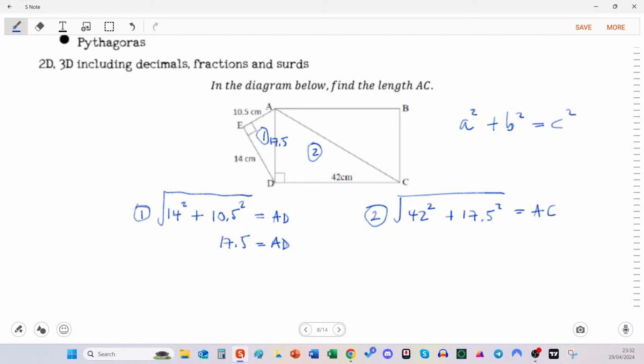So let's go ahead and do it. Moment of truth. 42 squared plus 17.5 squared is 45.5. Now this has units. Okay, so let's write them. Centimeters. Next, that's 2D Pythagoras.